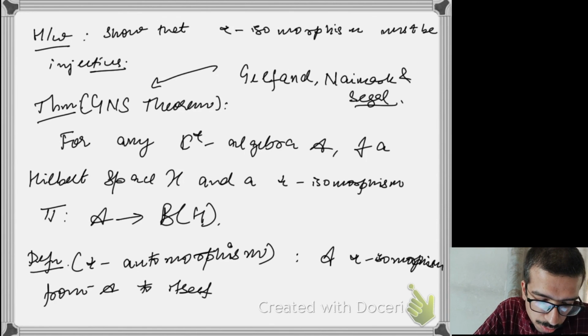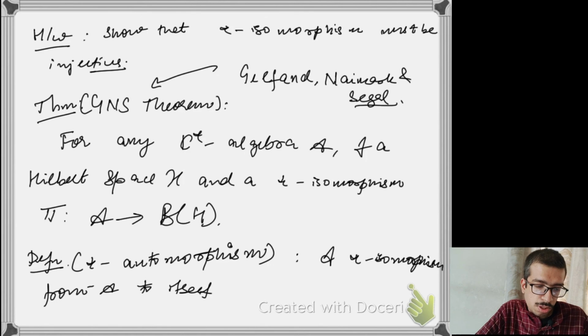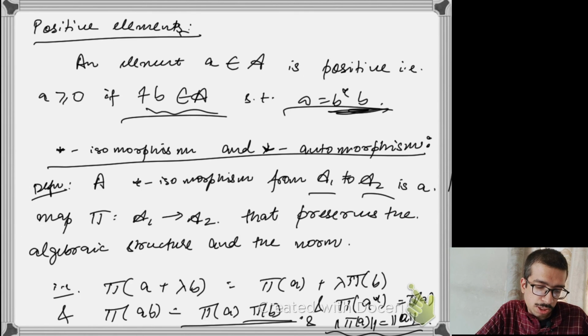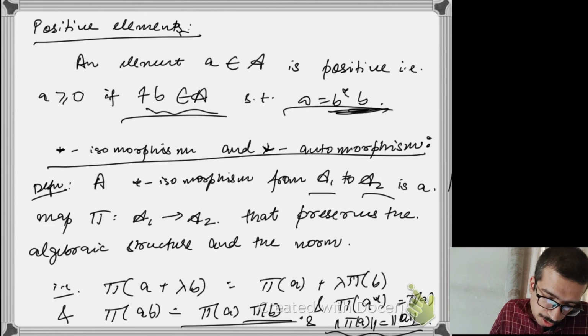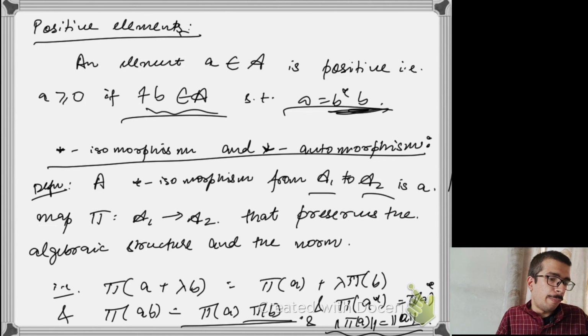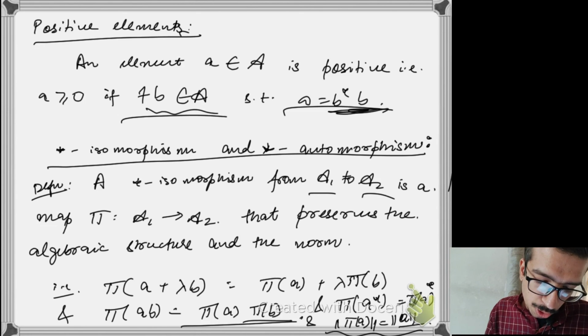So you have to check how it satisfies all these, that pi of A plus lambda b is pi A plus lambda pi b, pi of ab is pi A pi b, pi of A star is pi A star, and norm of pi A is norm of A. So actually, okay, here it should be pi of A star equals pi A star. Yeah, so this was a small typo. Yeah, correct that.